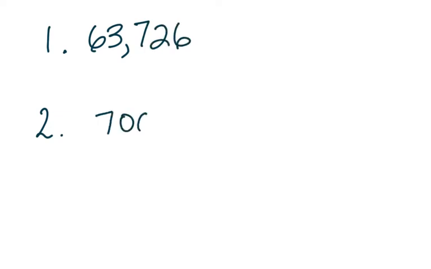So the first one was 63,726, and number 2 is 700, there's more than a thousand, my comma comes in, 056. You need to have that 0 there in order for that place value to be held.